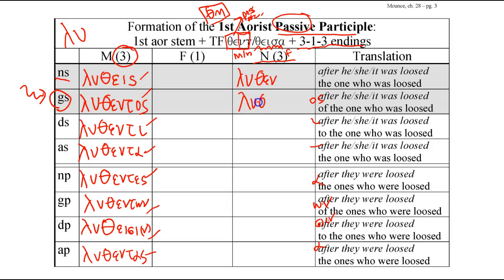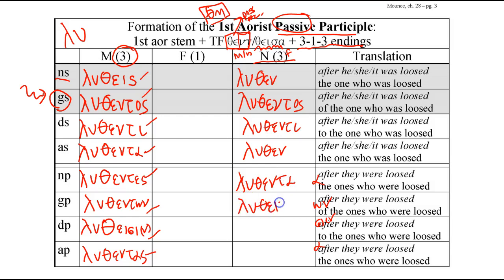And then the genitive, again, is where we see the stem that you use for the entire paradigm. So it's luthent plus os, luthentos. Luthenti. Luthen, because the nominative form and the accusative singular form are the same. Luthenta. Luthentone.